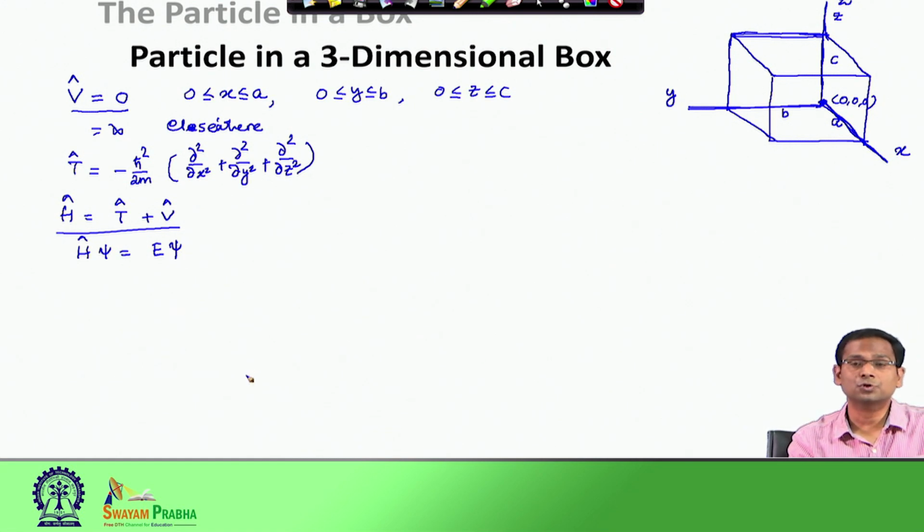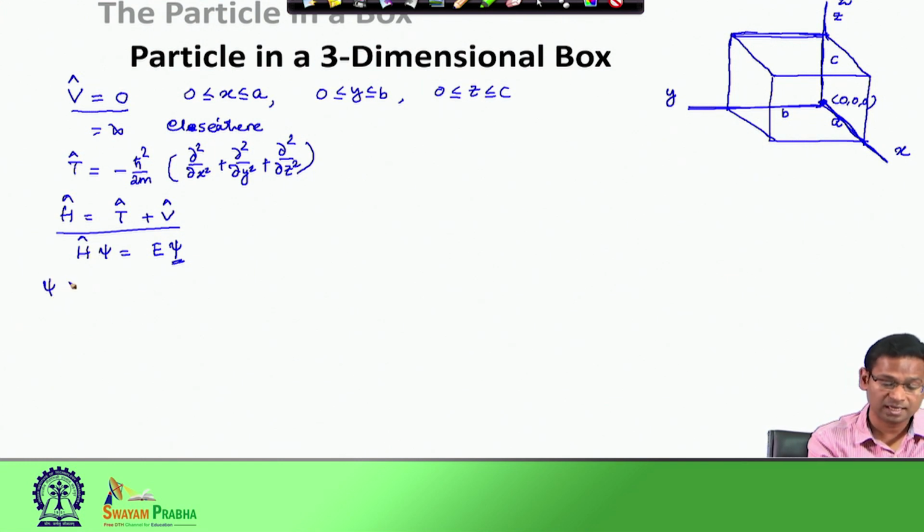If you remember the solution of the particle in a one dimensional box, you would remember that the wave function psi was a function of x alone, because the particle was restricted to move only along the x direction. But here, since the particle can go around all three dimensions in this cuboid, the wave function psi will have a functional dependence on x, y, and z.